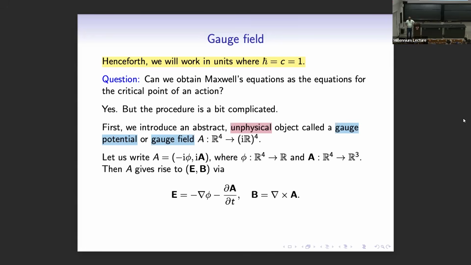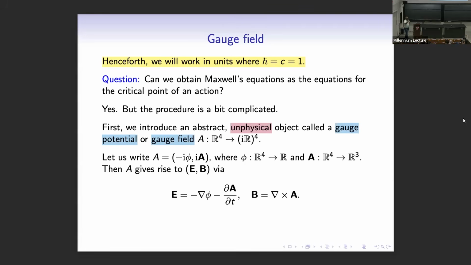Let us write the first coordinate as minus i phi, and the second coordinate as i times bold A, where phi is a real-valued map, and bold A is an R^3-valued map. And then this gauge field gives rise to an electromagnetic field pair, E and B, through these equations.